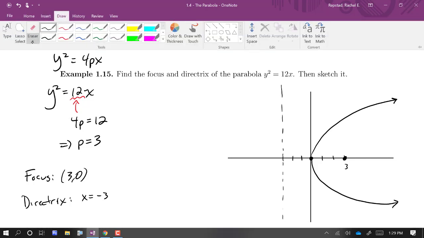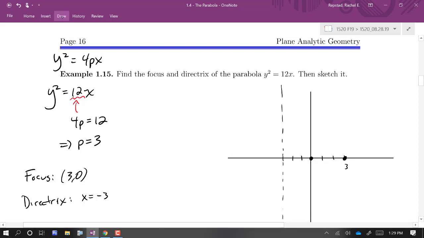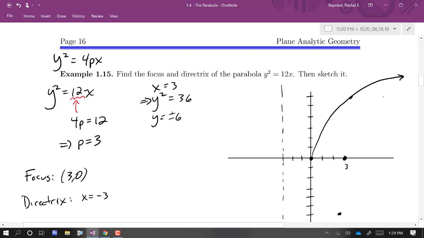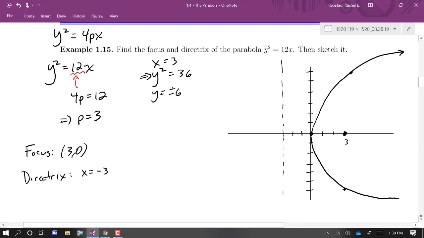Let me try... oh, that's kind of off. There we go.